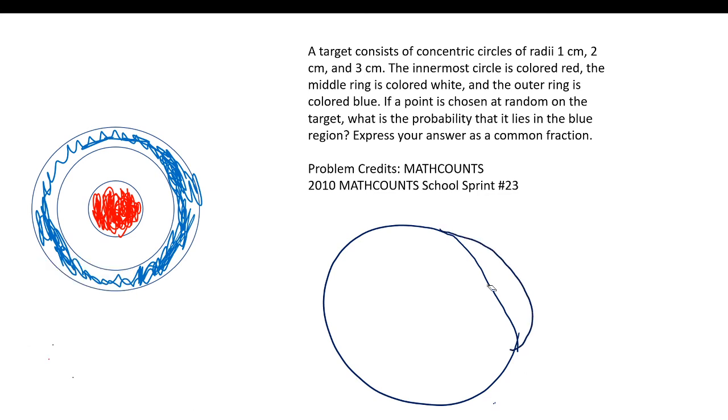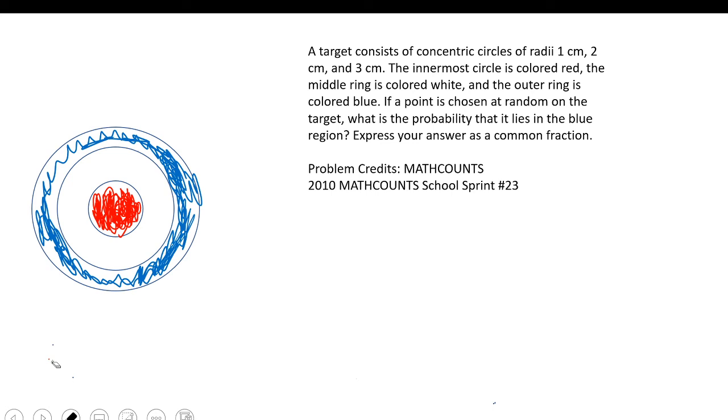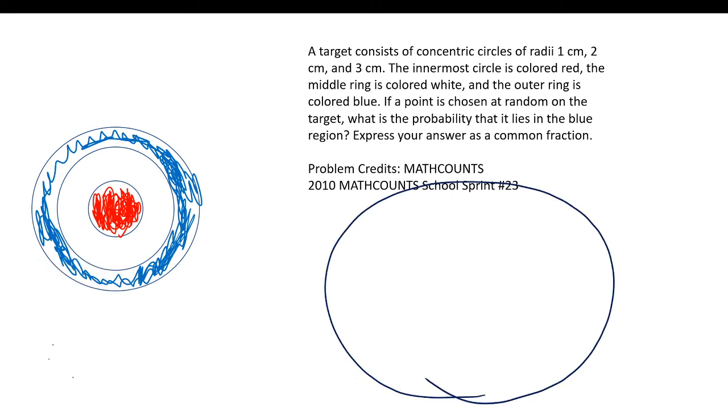I should fix that circle. So our largest circle has radius 3, all of the points lie inside of the area of this. So that means this middle circle, which is colored white, also lies within the area of this, and this red circle also lies within the area of this.